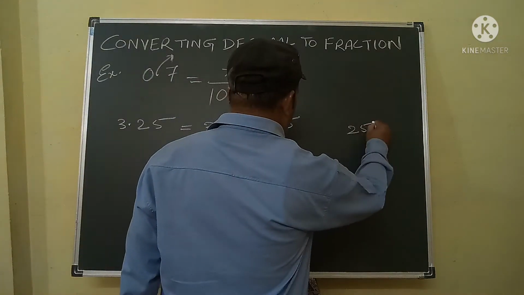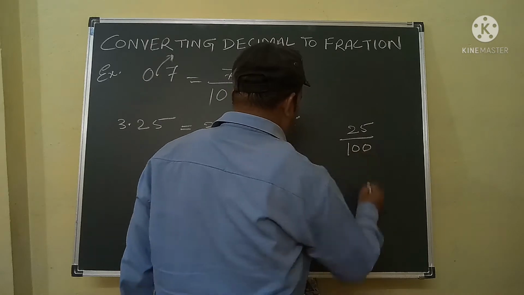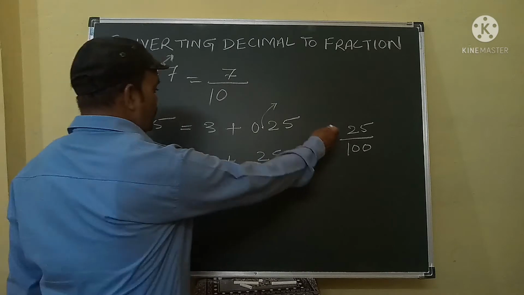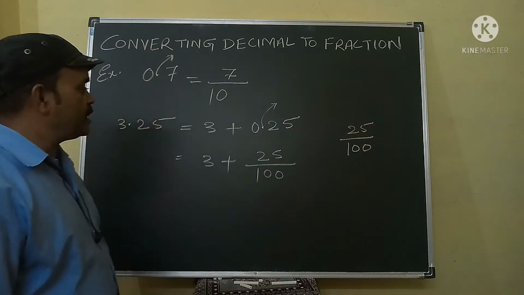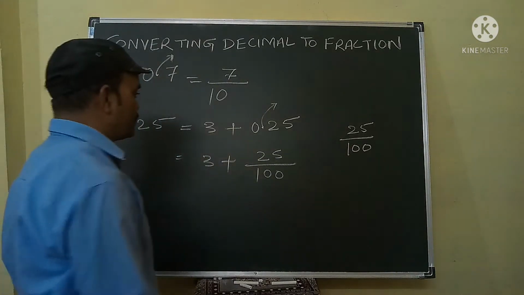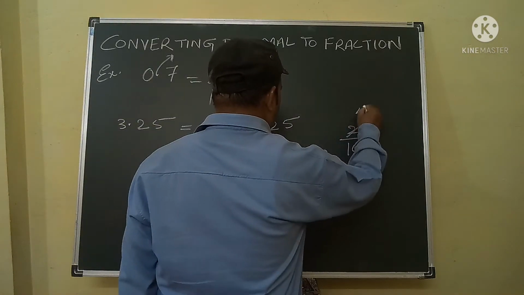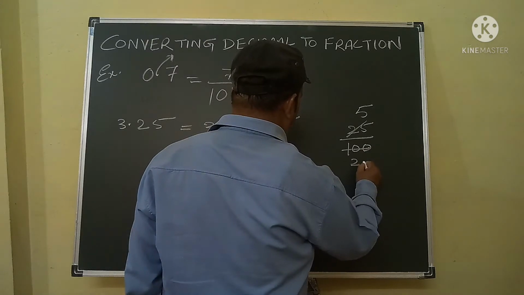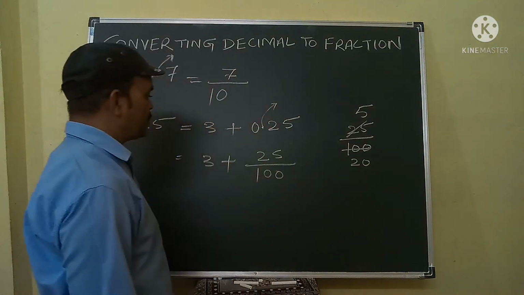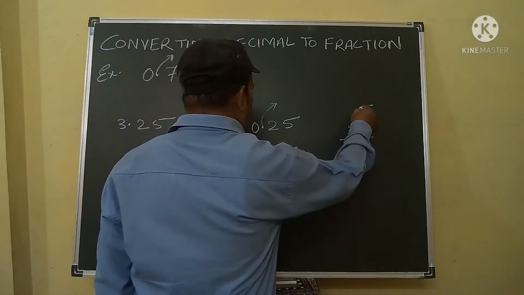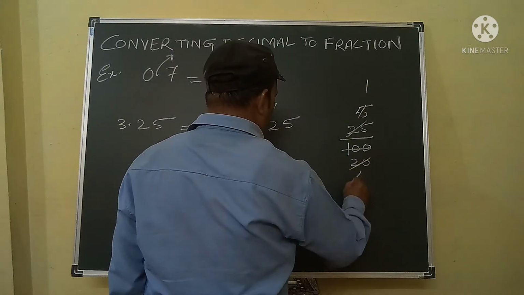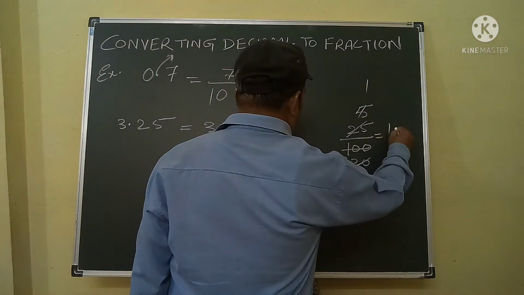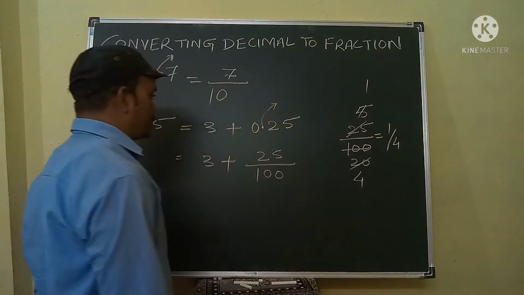They will be cancelled by 5. 5 times 5 is 25. 100 divided by 5, you will get 20. Then 5 times 1 is 5 and 5 times 4 is 20. So it will give you 1 upon 4.